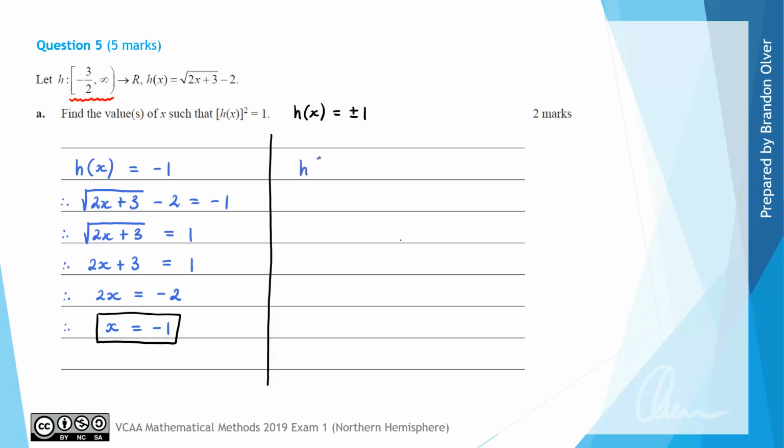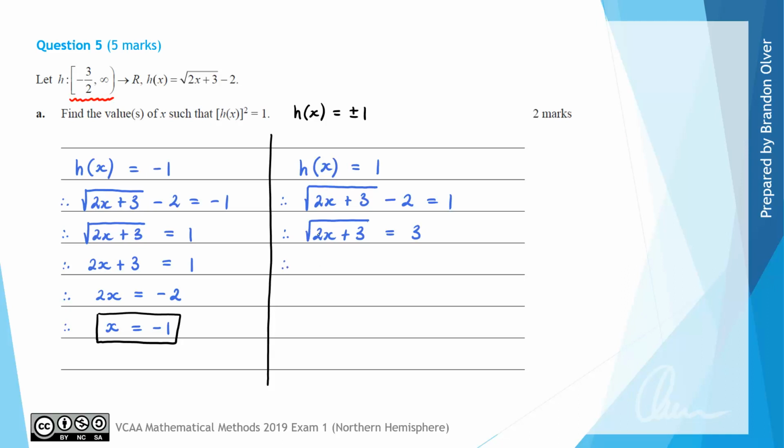Next, we'll consider the case where h of x is equal to positive 1. Our rule must be the square root of 2x plus 3 minus 2 is equal to 1. Again we add 2, so the square root of 2x plus 3 must equal 3.